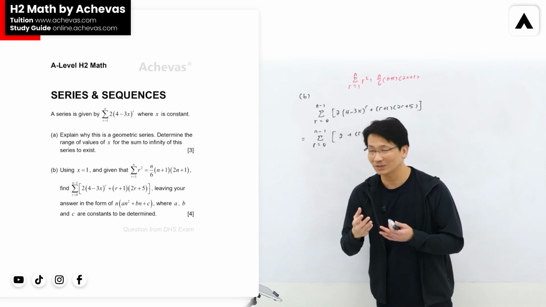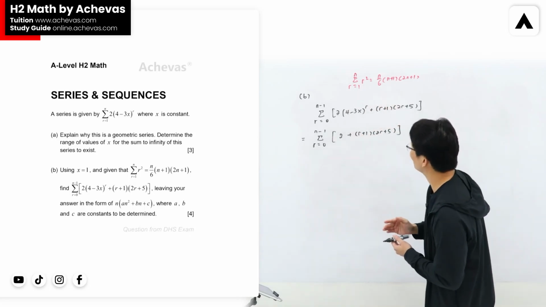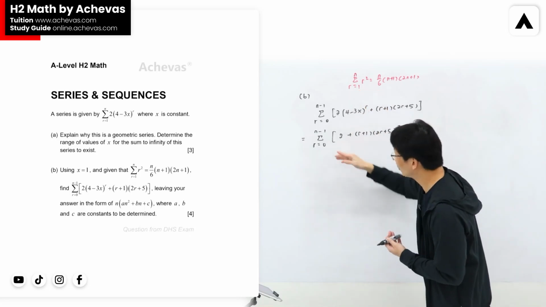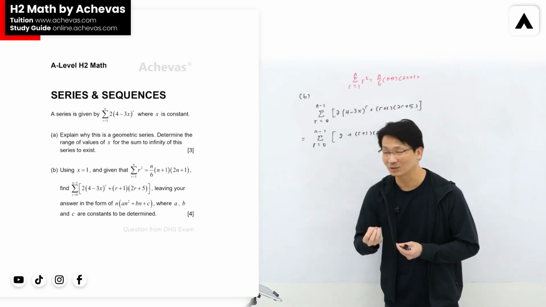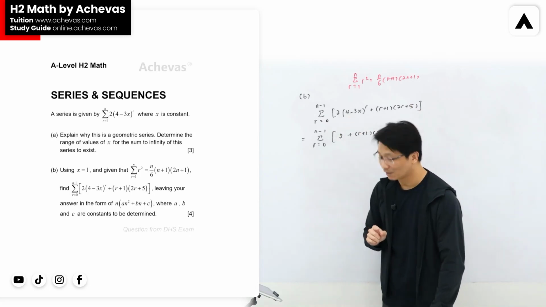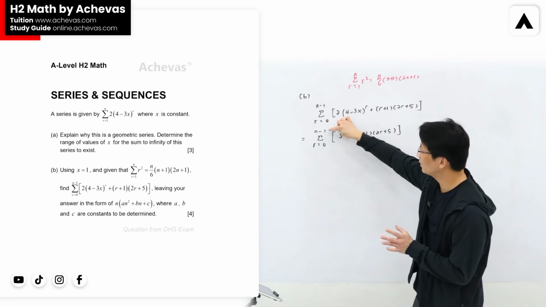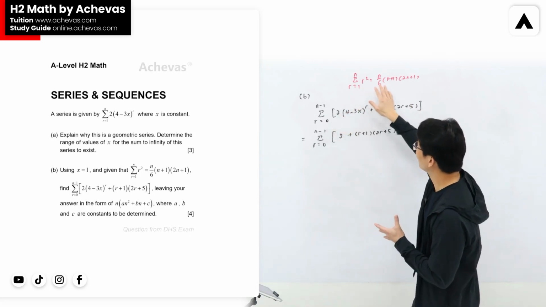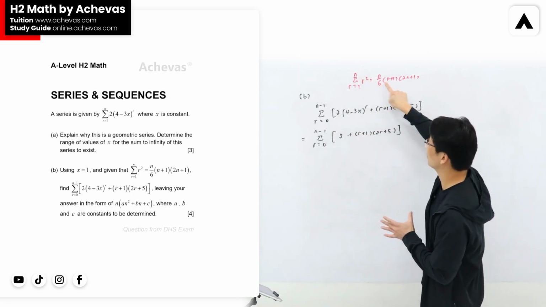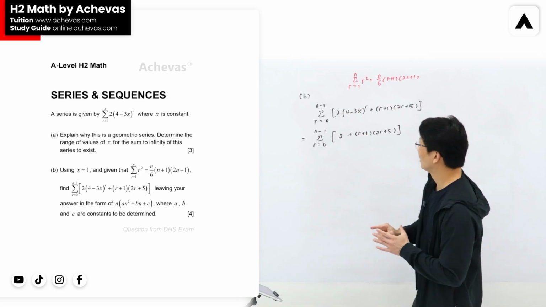And this will help us to make use of the given result because the initial value is 1. So I have to ensure that my initial value must be the same in order to make use of it. We are not really concerned about the last term because whatever value we see here, we can just simply replace. Like for example, if this is n minus 1, I'll just replace this with n minus 1.